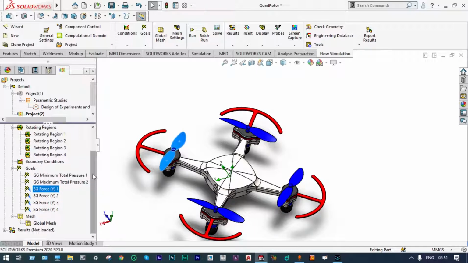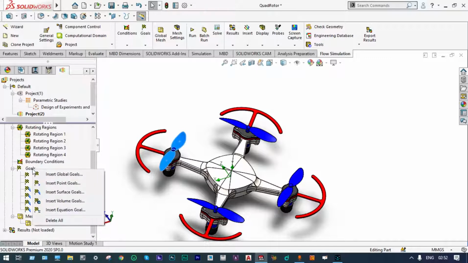Okay. Now what to do is, for these 4 upthrusts, we have to find the upthrust in the clockwise direction and the upthrust in the anti-clockwise direction, right? So we select from these two, it will be upthrust in the clockwise direction. Insert equation goal.